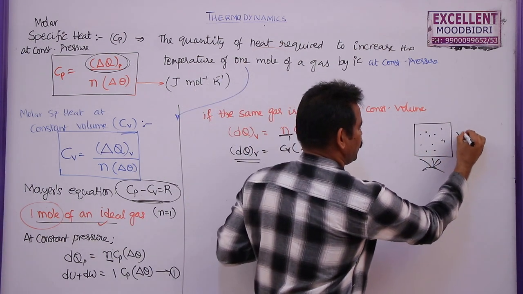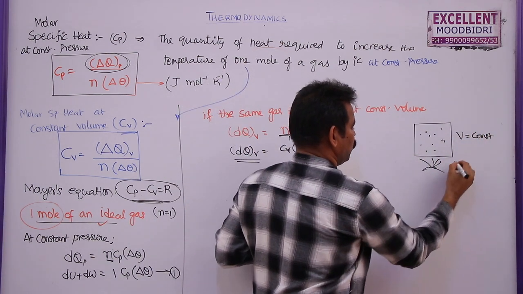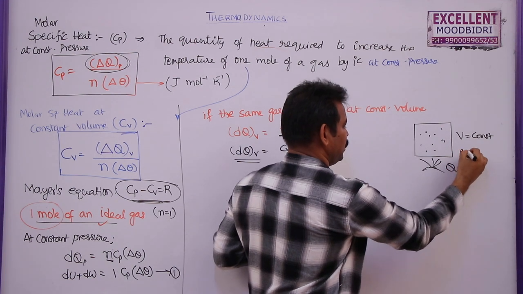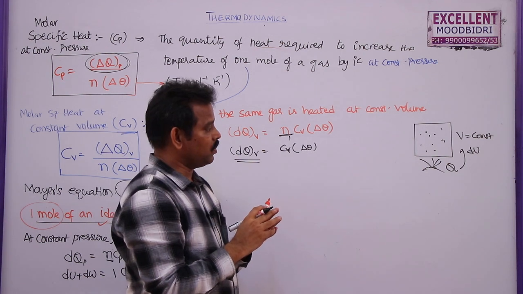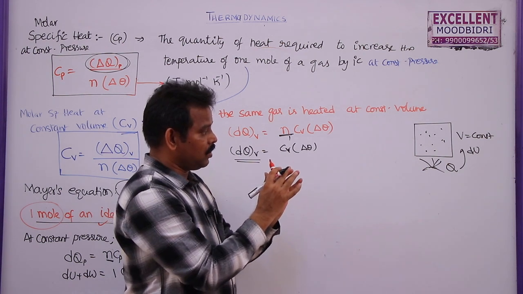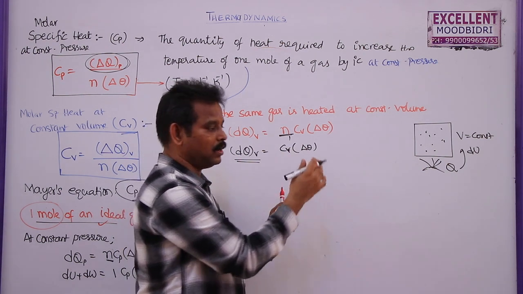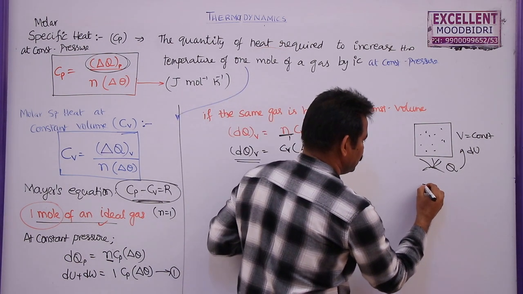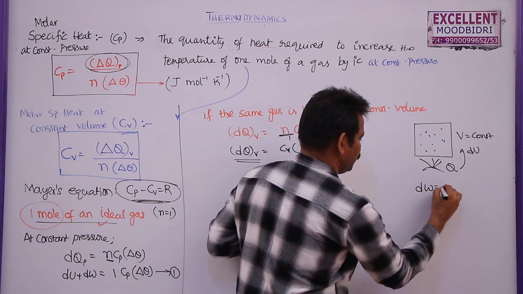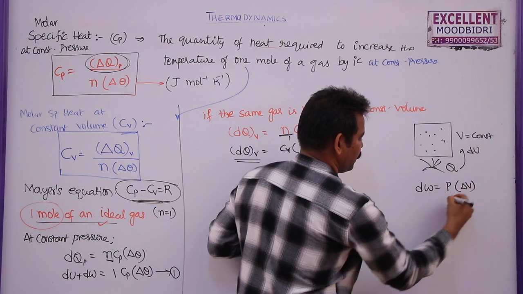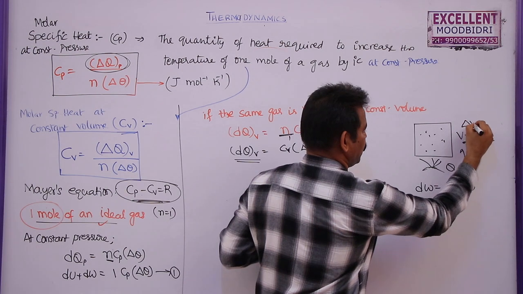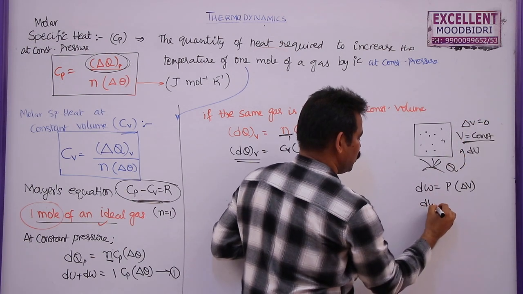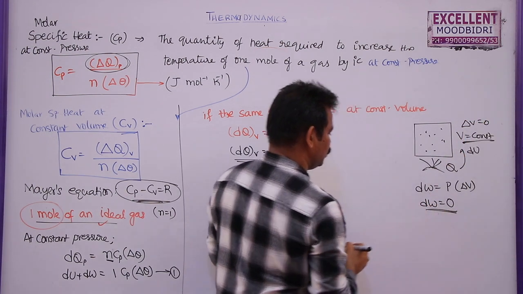So when the volume is kept constant, whatever heat is supplied will increase the internal energy only, because for external work to be done, either the volume of the gas should be increased or decreased. That we already discussed in the previous class. So here we can write dW is equal to PdV. As the gas is heated at constant volume, delta V is equal to 0. So work done at constant volume is 0.